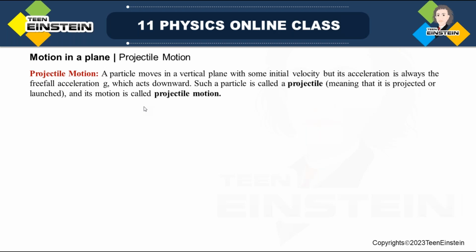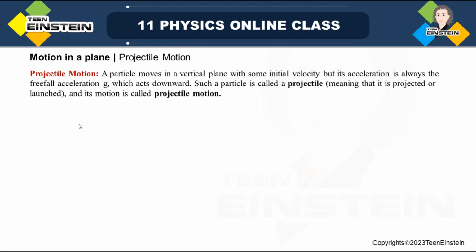Such a particle is called projectile because it is projected or launched, and its motion is called projectile motion. So therefore projectile motion is a special case of two-dimensional motion.